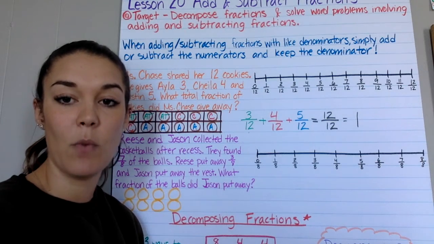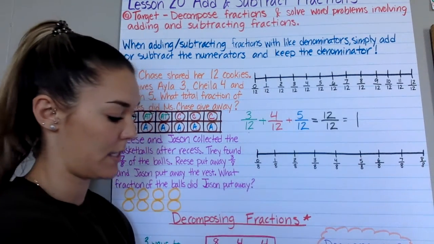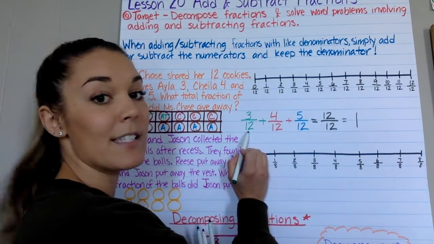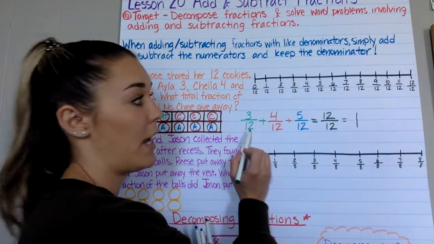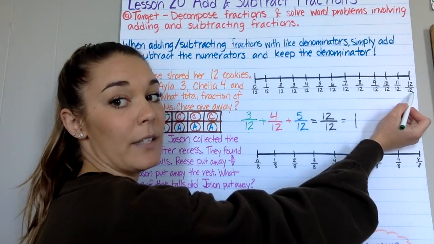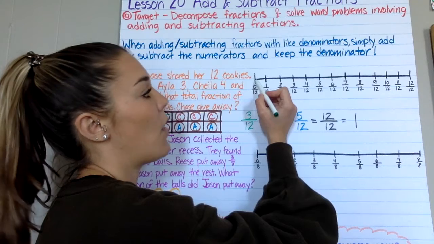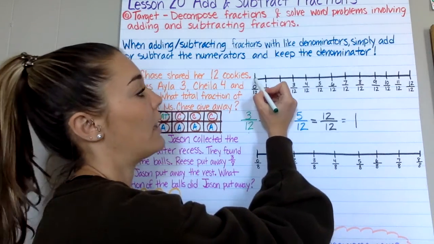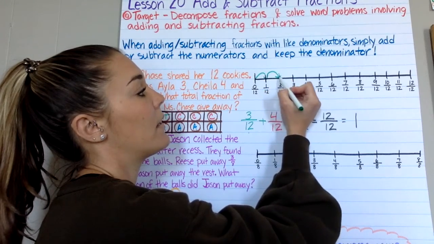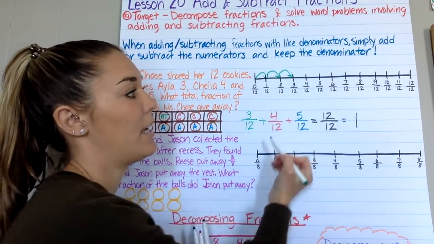So now I'm going to show you one more way to do it on a number line because you're also going to see that. So we're going to start with Ayla here. She has 3/12, right? So my number line is counting up by 12ths, right? And I'm going to start at 0 and I'm going to hop 3 times for Ayla. 1, 2, 3, okay?